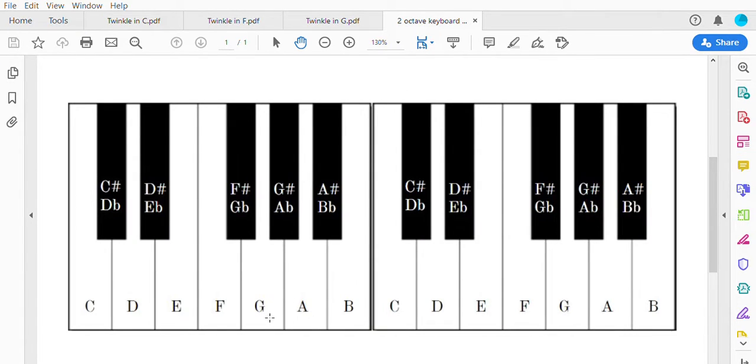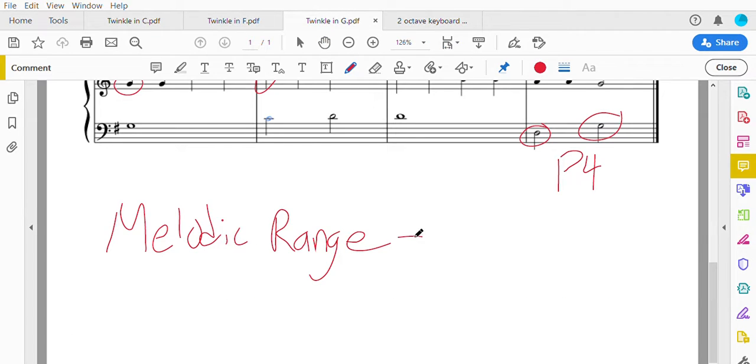Our lowest note is this G, our highest note is this E. Let's count. We have 1, 2, 3, 4, 5, and 6. Once again, we have a major 6 from G to E. It would be a minor 6 if we had E flat, but we have E natural. So once again, our melodic range equals a major 6, a capital M6.